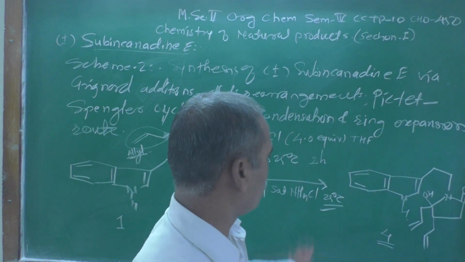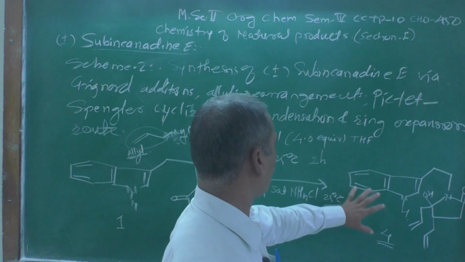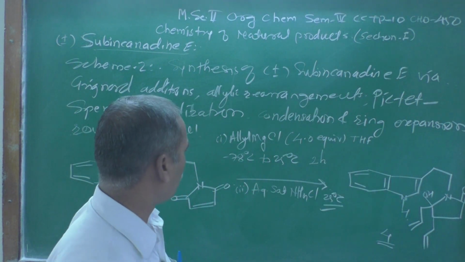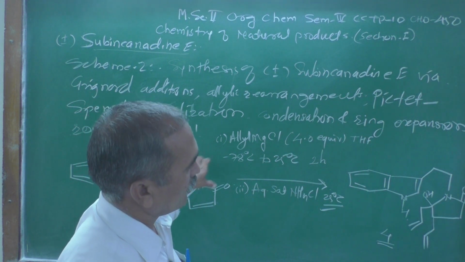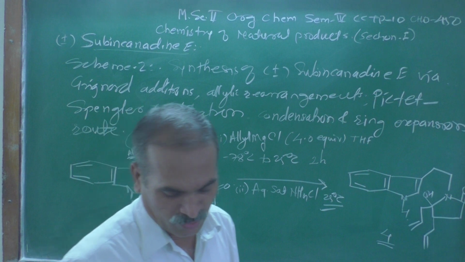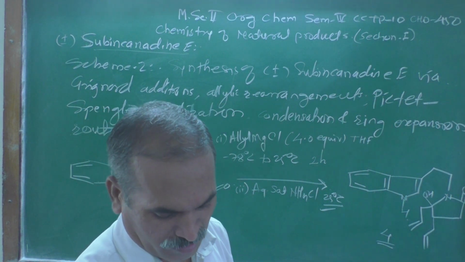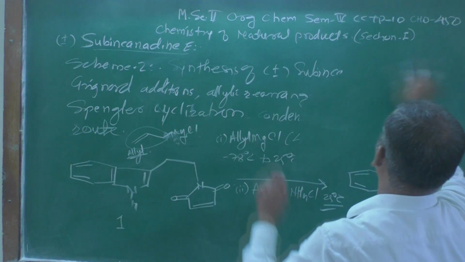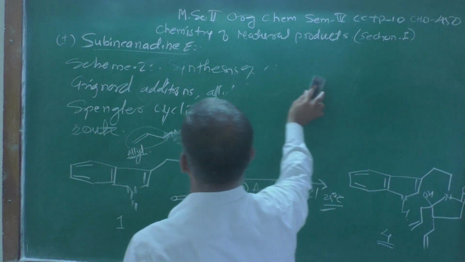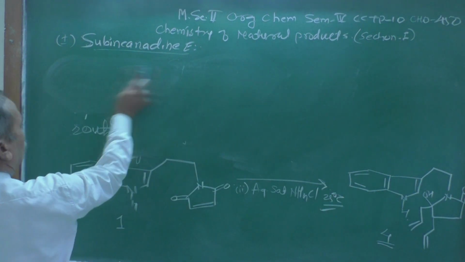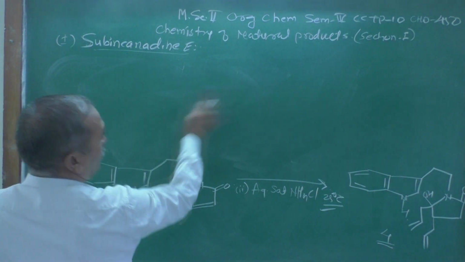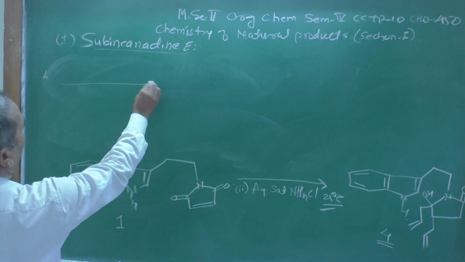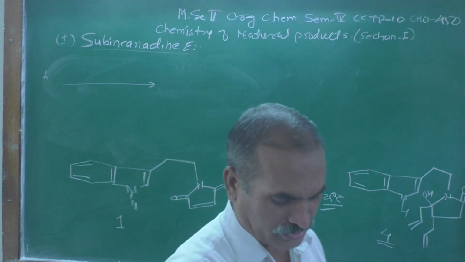After the addition of this type of allylic group to structure number 1, we got structure number 4. On structure number 4, I am adding certain reagents.